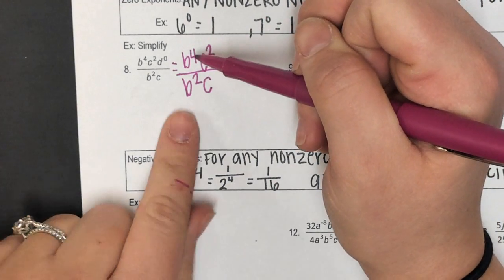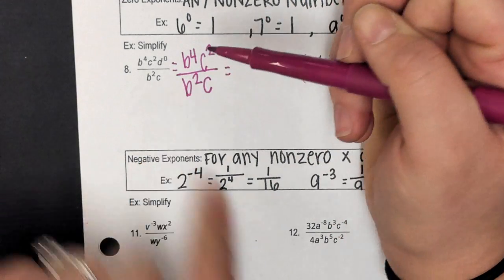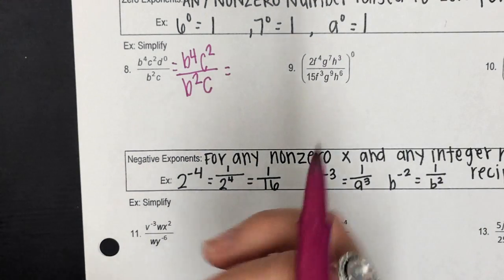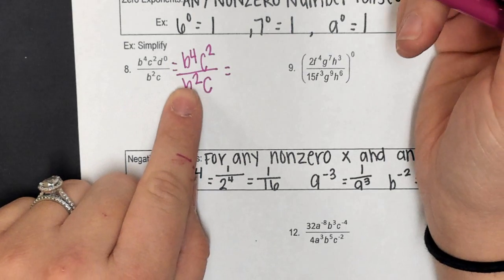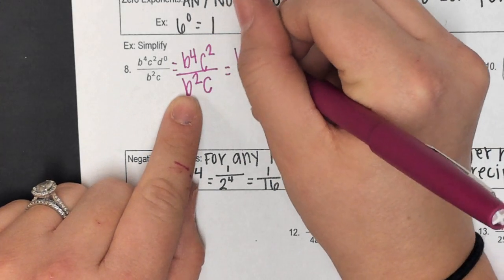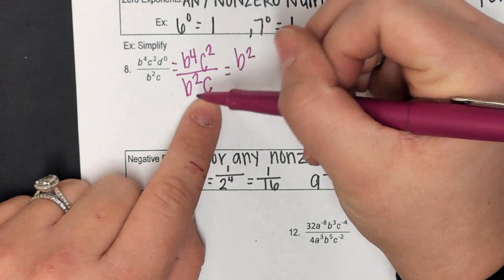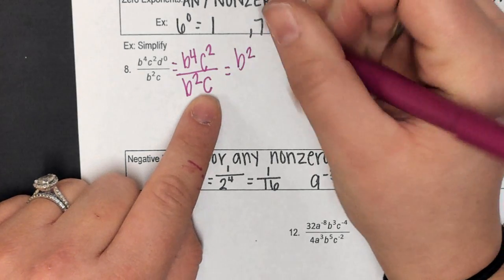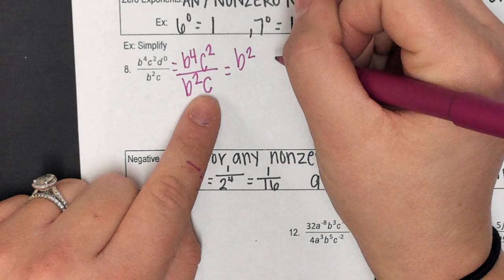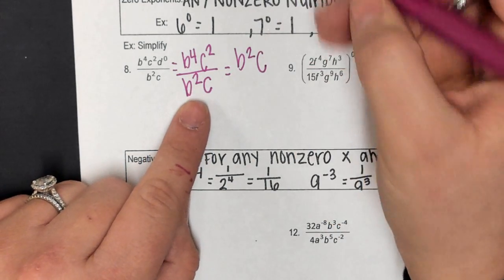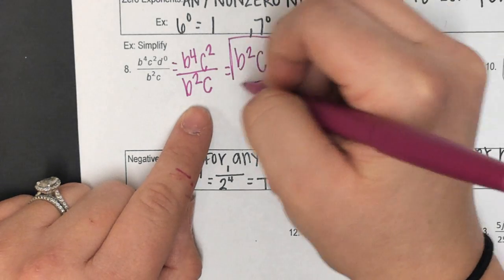B to the 4th over B to the 2nd. What's 4 minus 2? Good. B squared. 2 minus 1 is... Focus, guys. 2 minus 1. 1. So your final answer is B squared C.